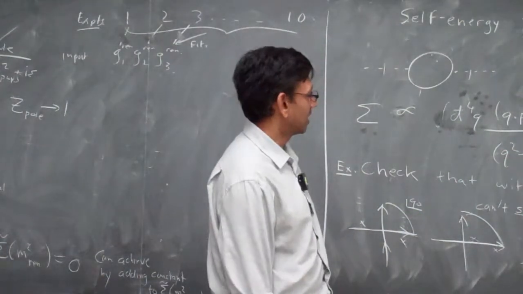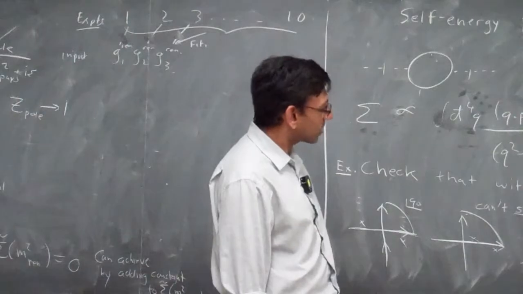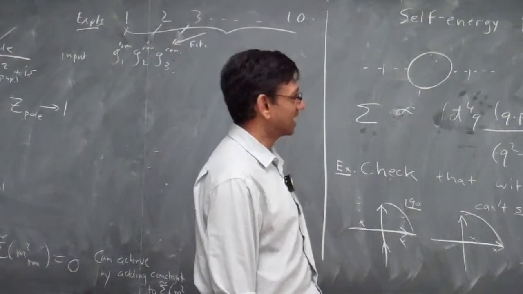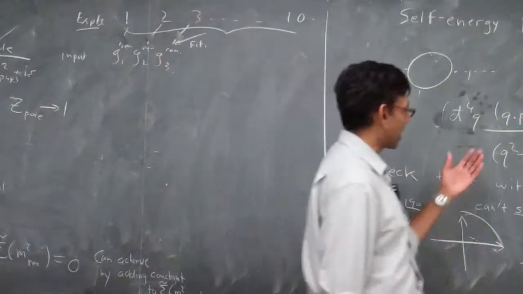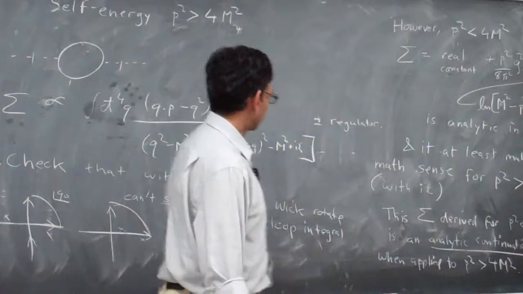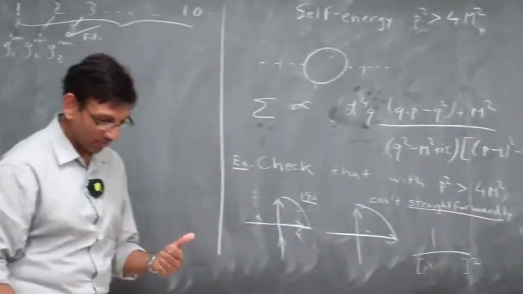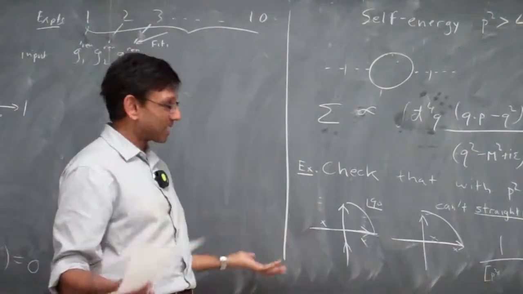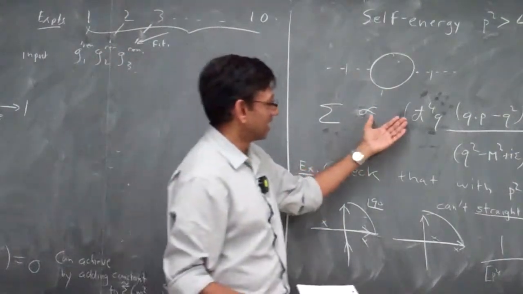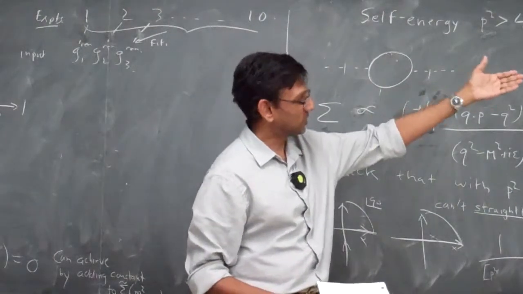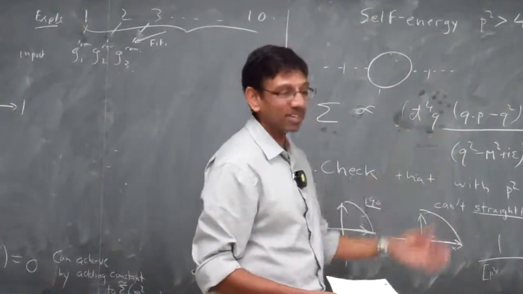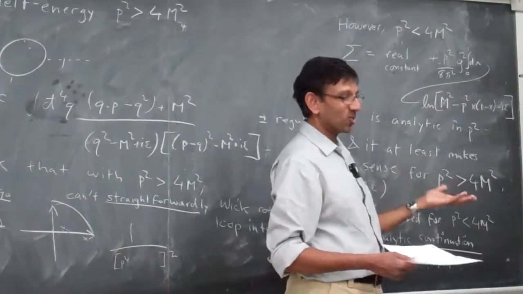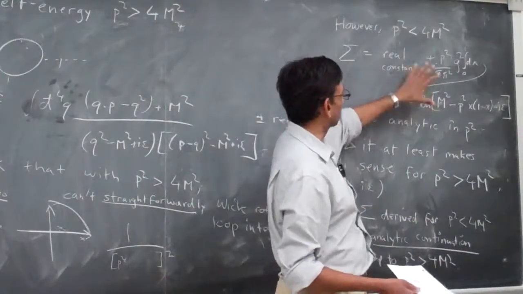Okay? Now, if p squared is less than 4m squared, this is exactly the integral we started with many lectures ago, and it does agree, and in fact it gave us this result. So this expression is therefore an analytic function of p squared. It agrees with that for p squared less than 4m squared, but it's analytic even beyond that. And in that sense, this is an analytic continuation of the p squared less than 4m squared case. This formula is also an analytic continuation of itself when restricted to that.